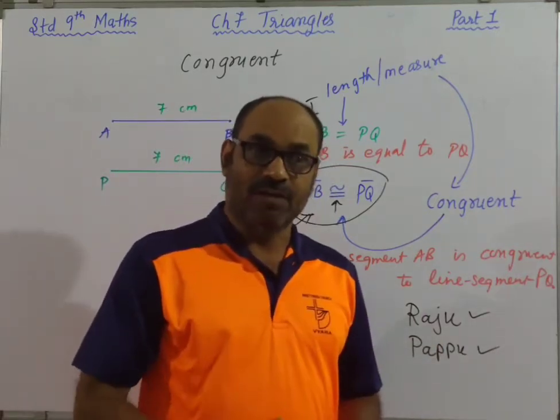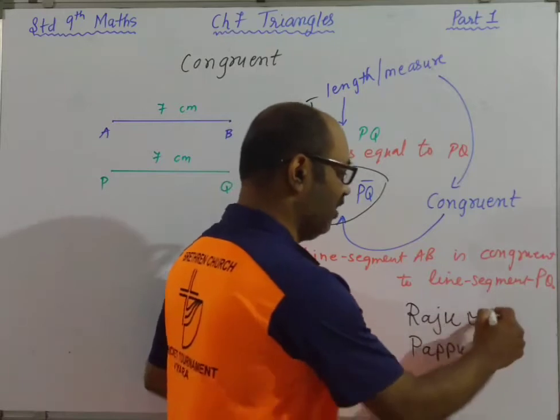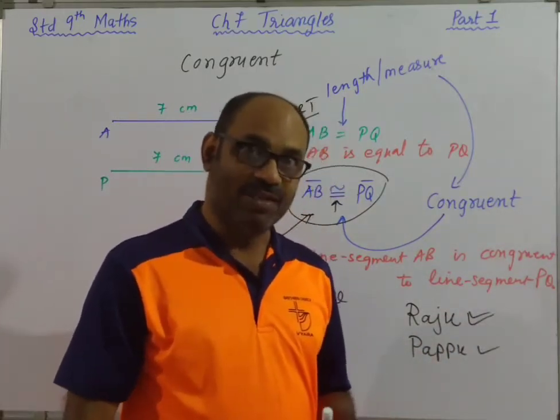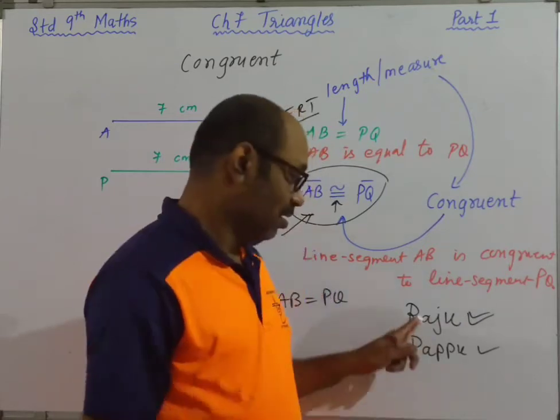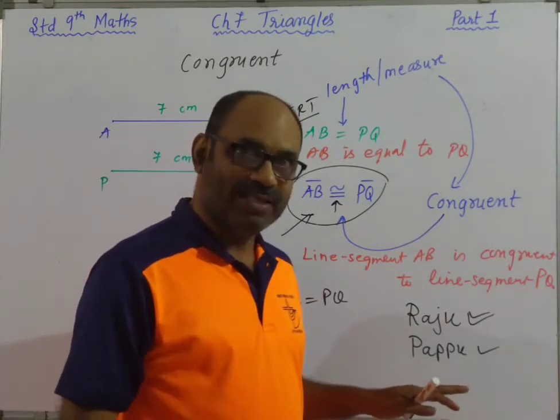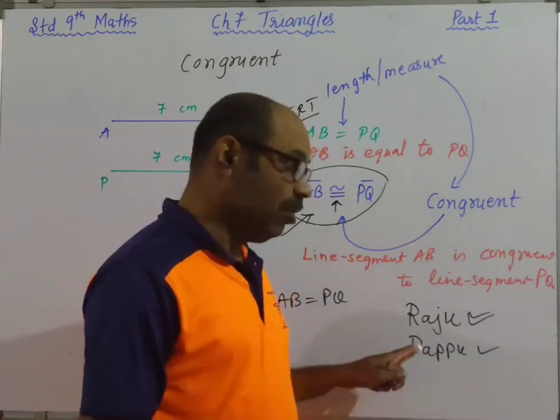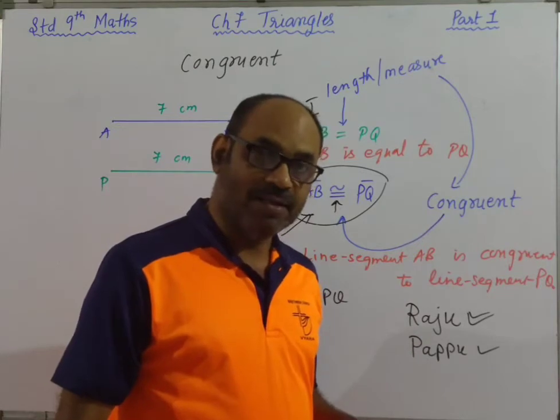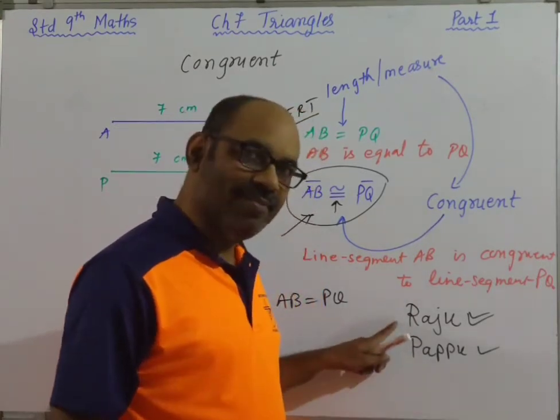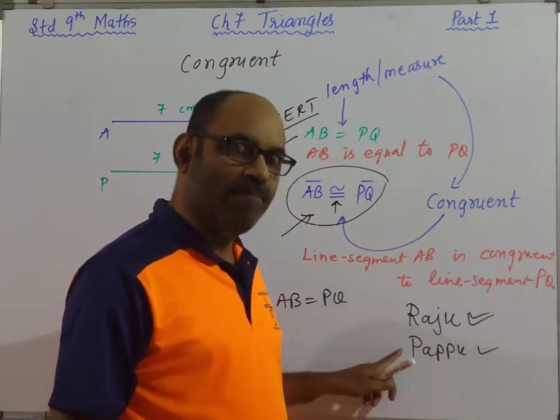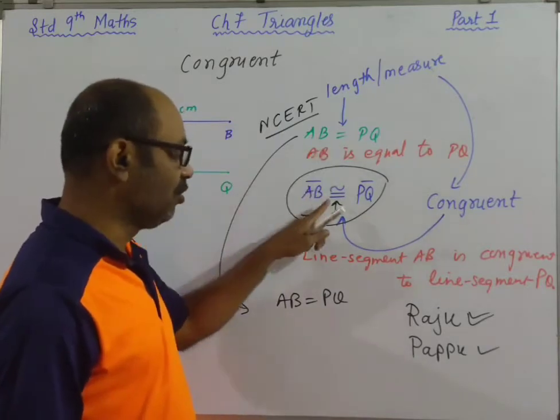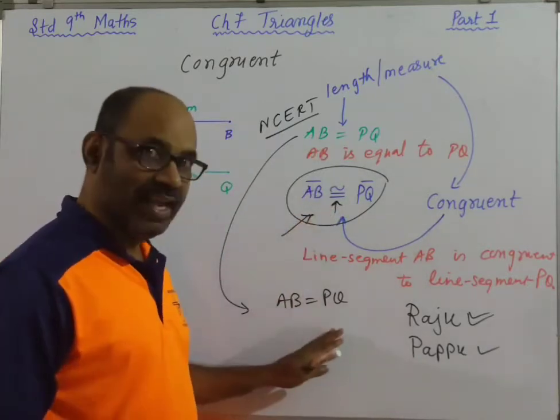If this is your friend and you don't know he is called Pappu, and one day when you visit his house, Raju's mummy calls him, Pappu, please come here, you will be surprised. Who is Pappu in the house? But it is Raju's name. So whether you say Raju or Pappu, the person is just one. Whether you say equal to or congruent, the meaning is same.